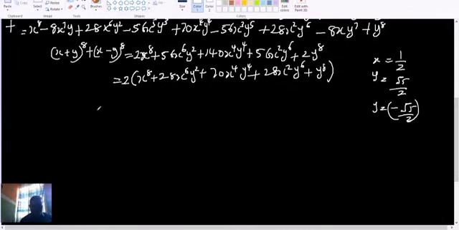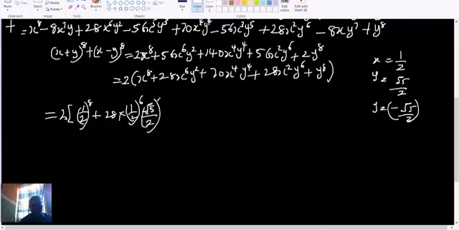So you come to this one, so you see, this one equal to what? 2 into bracket. So what is x? You have it as 1 over 2 raised to power 8 plus 28 times 1 over 2 raised to power 6, y. So y is root 5 over 2, raised to power 2.